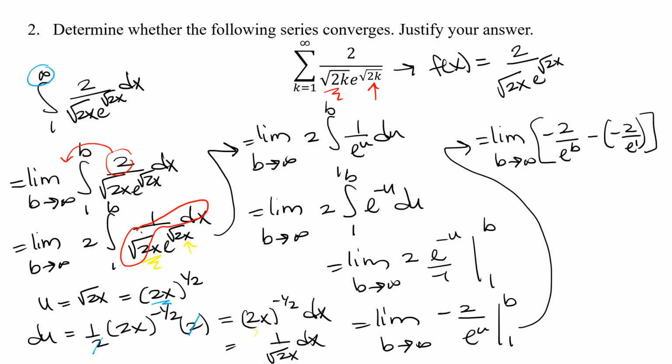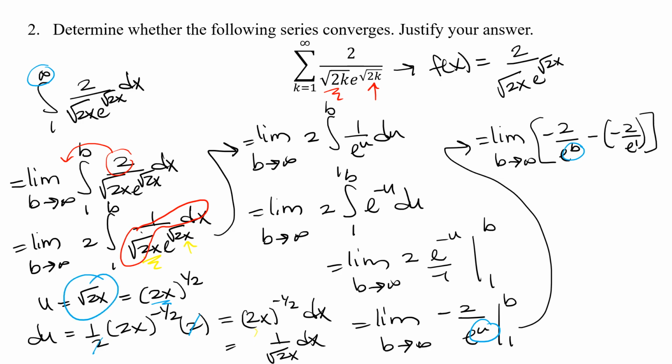Okay, so we are ready to do our direct substitution. So now go ahead and let this b go to infinity. And when we do that, we will see that that entire piece will go to 0. But one thing that we have to remember to do is to put that u back.